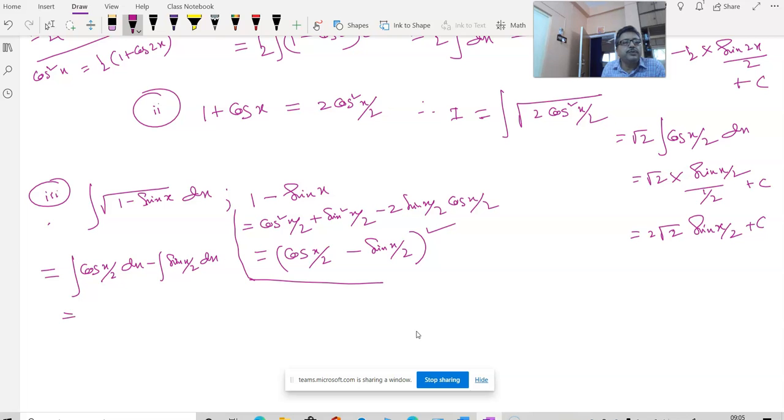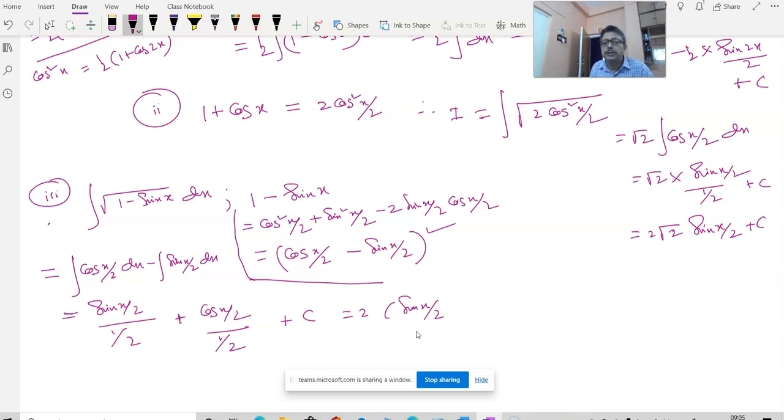So this cos x by 2 will be sin x by 2 by 1 by 2. So take 2 as common. Sin x by 2 plus cos x by 2 dx. Cos x by 2 plus c.